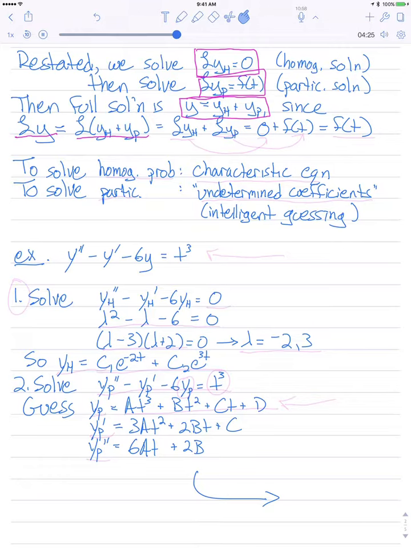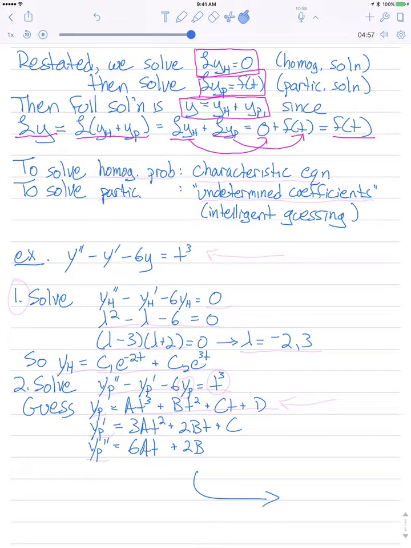Since it's linear, by definition, that means L operating on y_H plus L operating on y_P. L operating on y_H is 0 since it was the homogeneous solution. L operating on y_P is f of t since it was a particular solution. And 0 plus f of t is f of t. So I've shown you that the sum of the homogeneous and particular solutions is the solution to the differential equation that we're trying to solve.